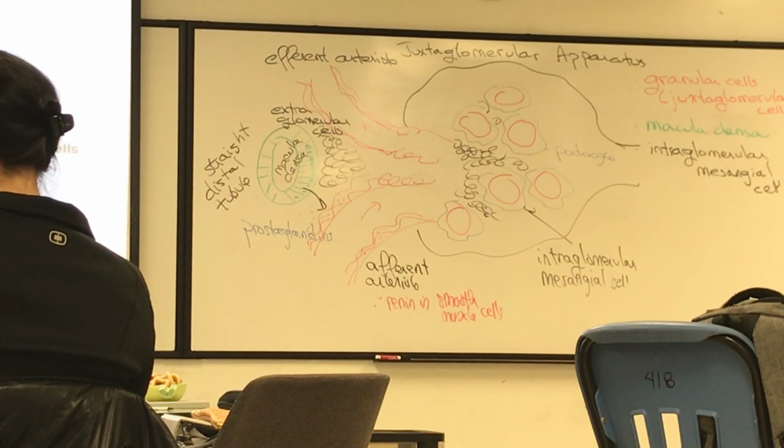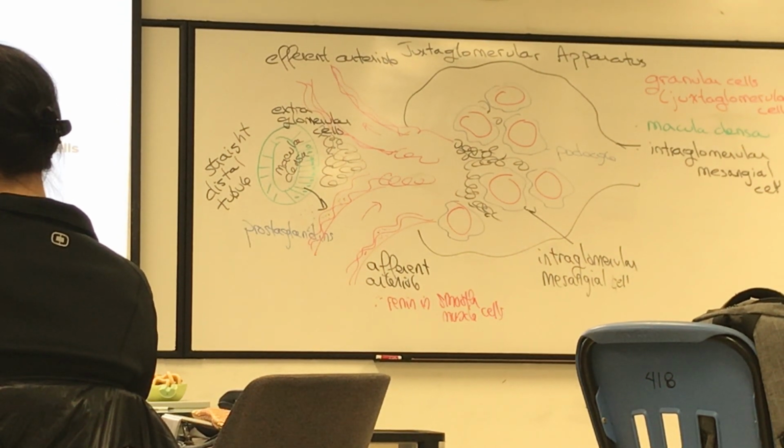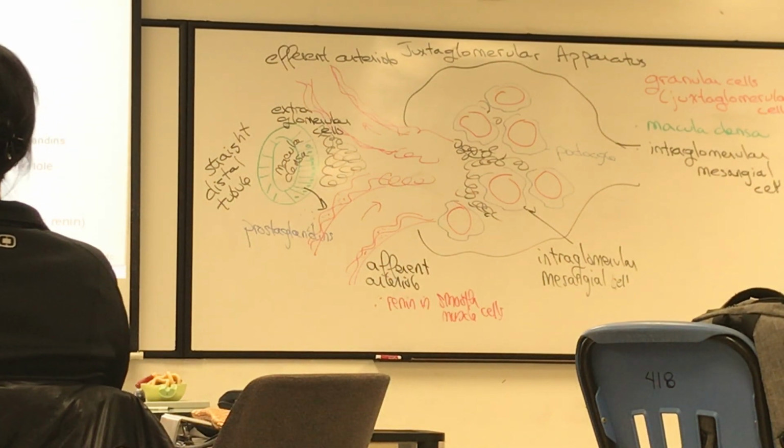Prostaglandins, remember, come from arachidonic acid. But they're not having to get into the bloodstream, so they're just going to be released locally to a different cell type. So that was our definition of a paracrine relationship, because the macula densa cells are not the same kind of cell as the smooth muscle cell. So let's see how we activate the macula densa, and then we'll go back over and review this. Okay.